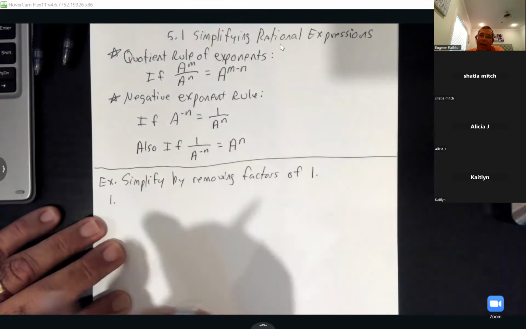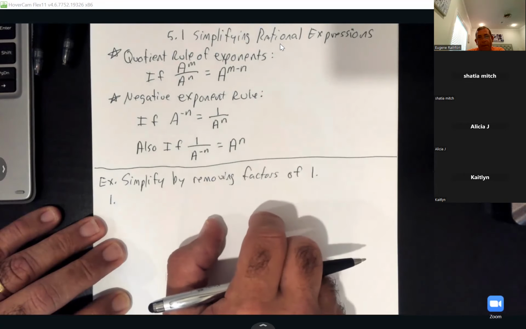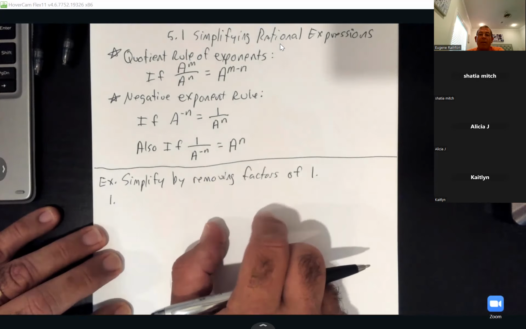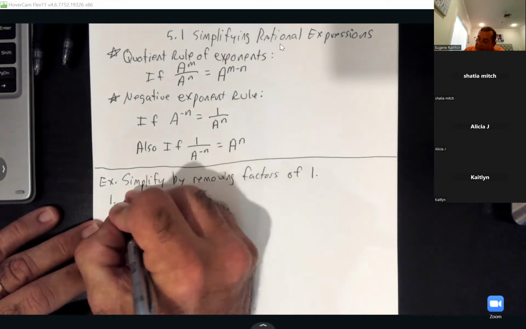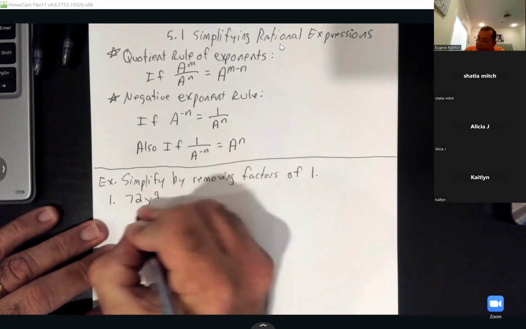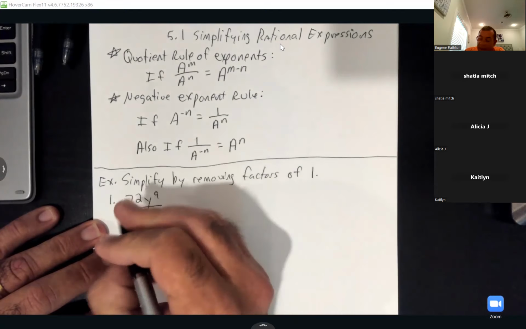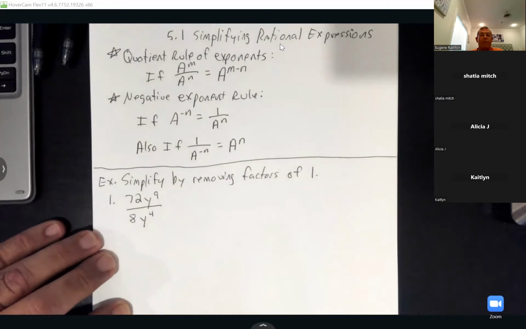So what they mean by that, anything on top can be simplified by removing the same factors from the bottom. So let's look at one of these. I got 72 y to the 9 over 8 y to the 4th.